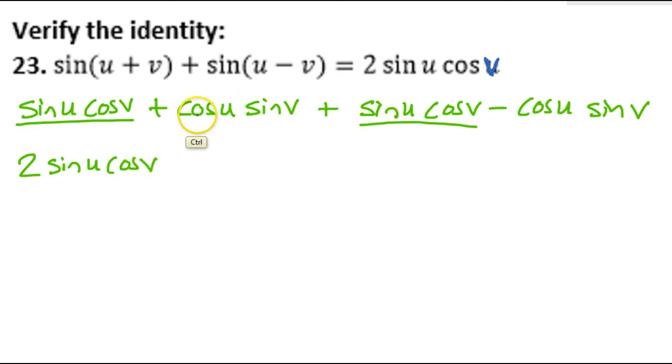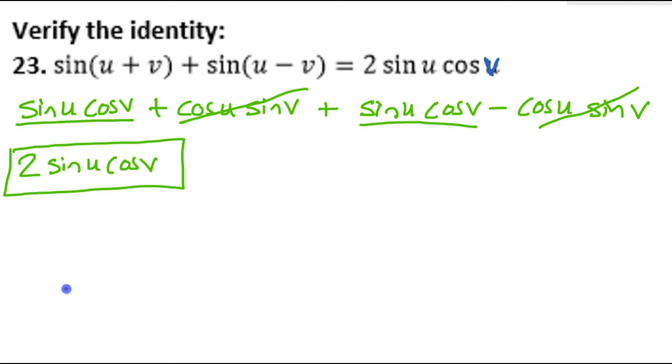Now here I have cosine u sine v, and here I have minus cosine u sine v. So these are going to cancel each other out. And oh look, 2 sine u cosine v. That is what I was trying to get, and that is what I have. So I have now verified the identity.